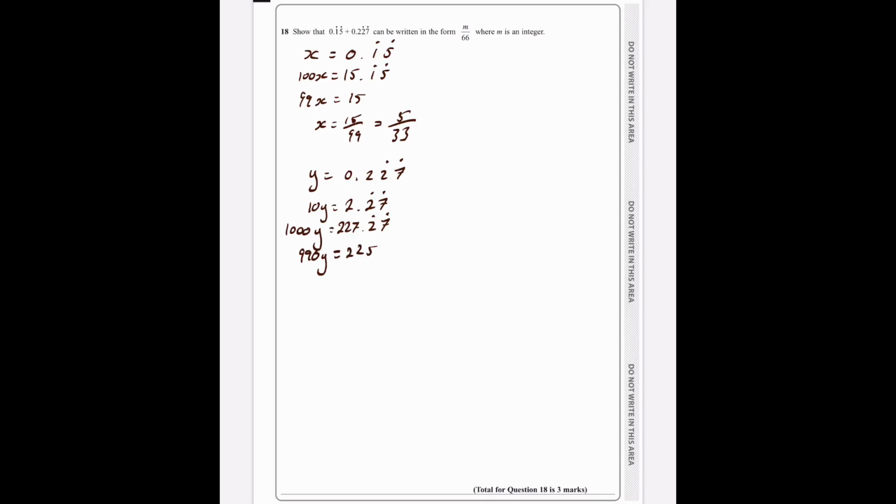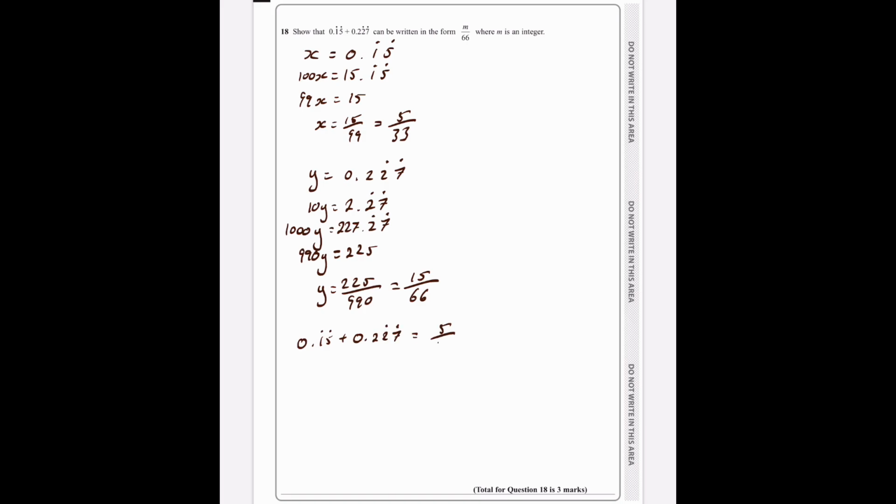On the right hand side, the recurring bits cancel, leaving us with 225. And then you can go through whatever process you want to simplify that fraction down to 15/66. You could cancel it further. I stopped there because I'm looking for the answer to be m over 66.